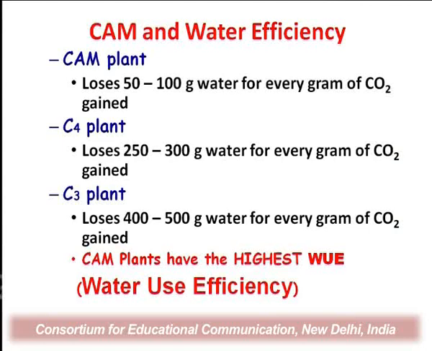So C3 plants are going to lose an enormous amount, because they may not have much modifications or adaptations to close their stomata during daytime fully. So that means the CAM plants would have the highest WUE. So an average C3 plant would have 6 times less WUE, and the highest value is of the CAM plants.